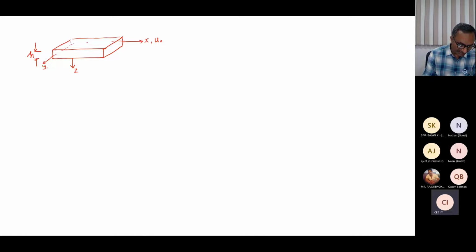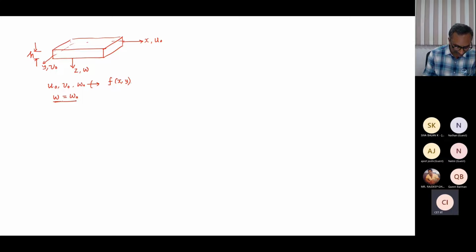With all those assumptions, U0 is the mid surface x component of the displacement, V0 is the displacement of the mid surface in the y direction, and W is the displacement in the z direction. We assume that U0 and V0 are functions of x and y, and W is equal to W0.